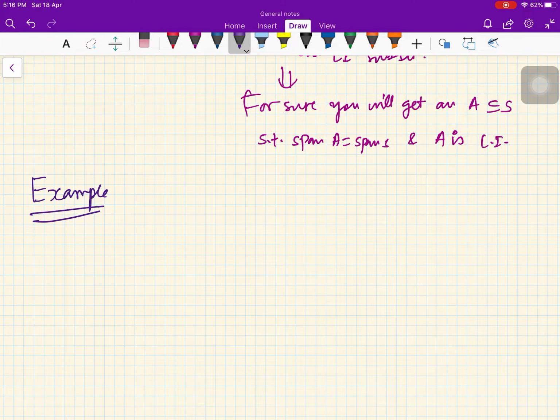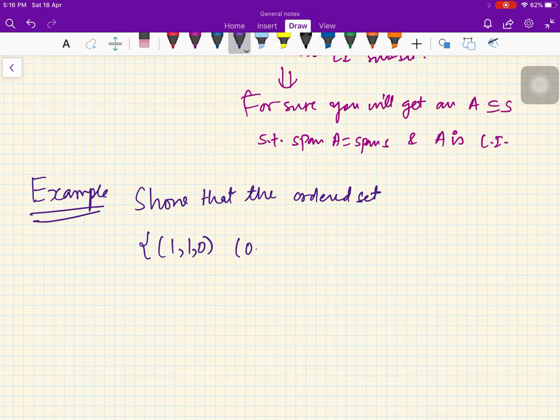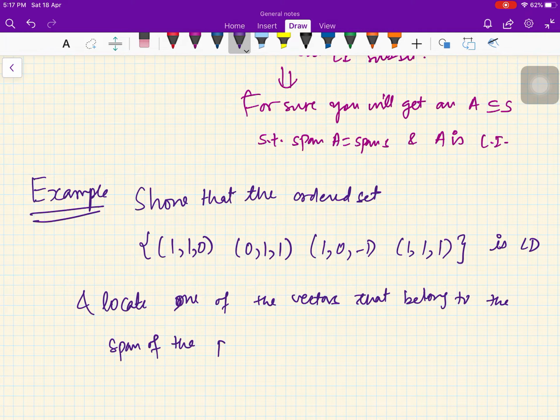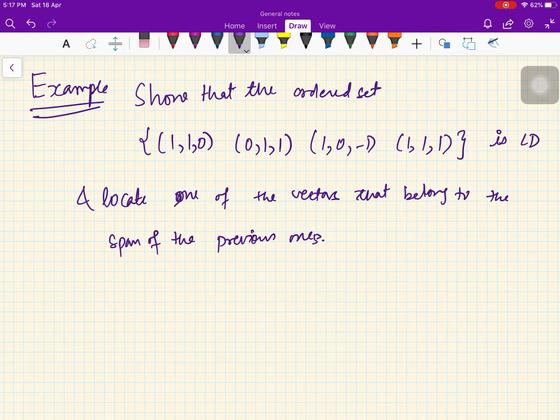For example, you have this: based on the results which we just discussed, show that the ordered set (1, 1, 0), (0, 1, 1), (1, 0, -1), (1, 1, 1) is linearly dependent, and locate one of the vectors that belong to the span of the previous ones, right?